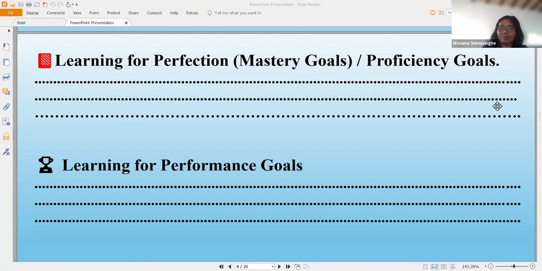As an example, a student may say, I want to get the highest marks in the class. I want to come first in the examinations. Now you have an idea. Both types of goals can motivate students. So write your own example for this. Take your time.